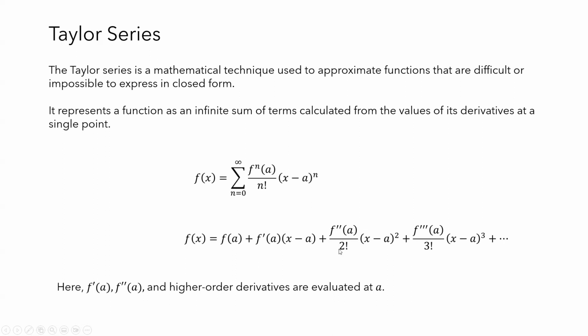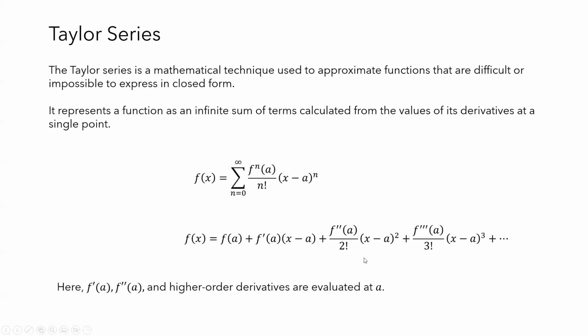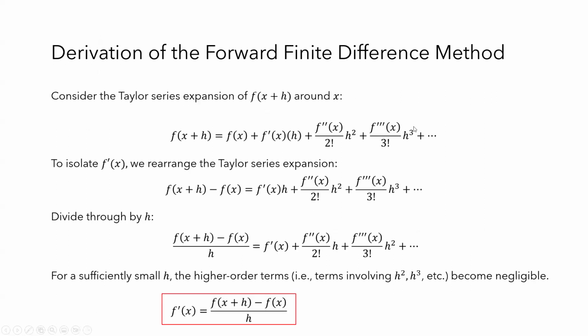So you can see that the factorial 2 is here because of this, and then we have the third derivative and so on. So you have to understand that this prime represents the derivative. So first derivative is represented by f prime, second derivative is represented by double prime f, then this is the third derivative, like that.